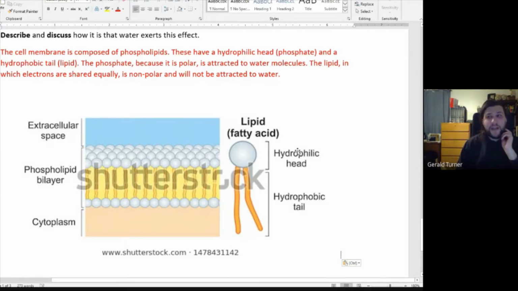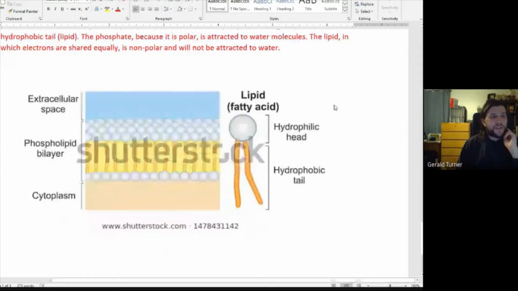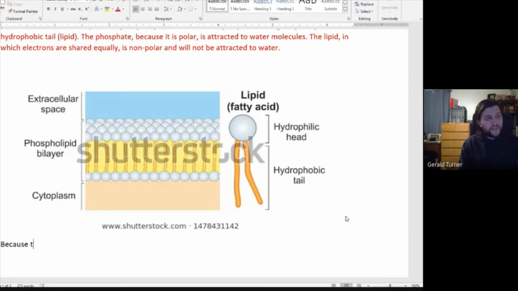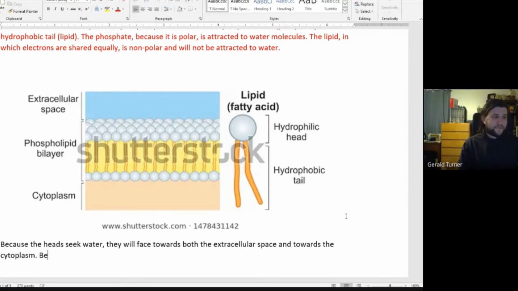giving us that phospholipid bilayer. And really, what we need to explain and be aware of is that because the heads seek water, they will face towards both the extracellular space and towards the cytoplasm, because the tails are repelled by water.